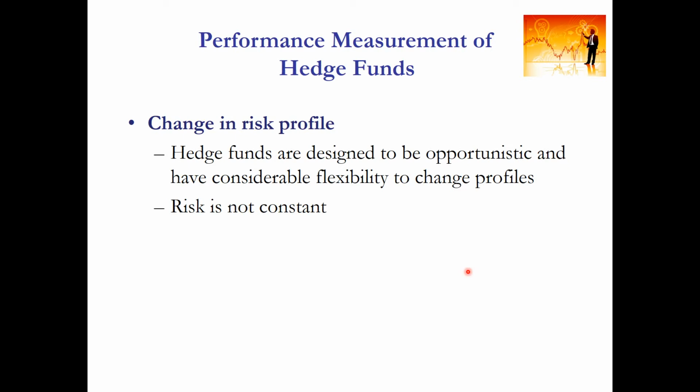Now, we know that traditional measures of portfolio evaluation assume that risk is constant across the period that we evaluate, and those measures can't be used in case of dramatic risk exposure changes. So the variation in risk that we see across time means that many of the traditional portfolio evaluation techniques, for example, the Sharpe ratio, Treynor ratio, or so on, are not valid to measure the performance of hedge funds.